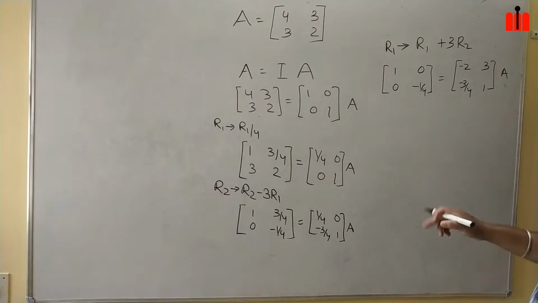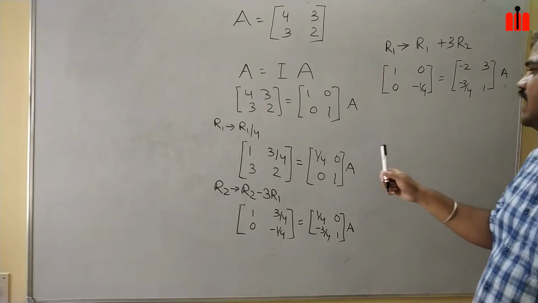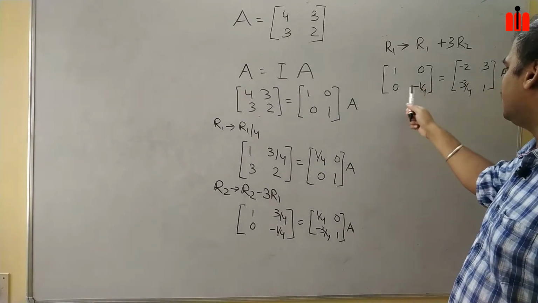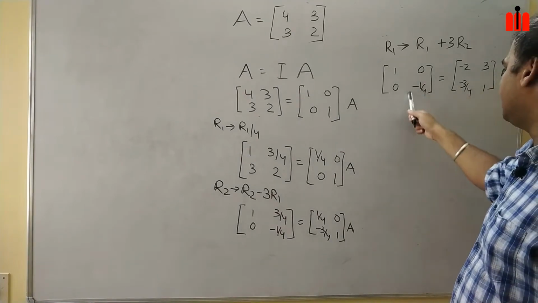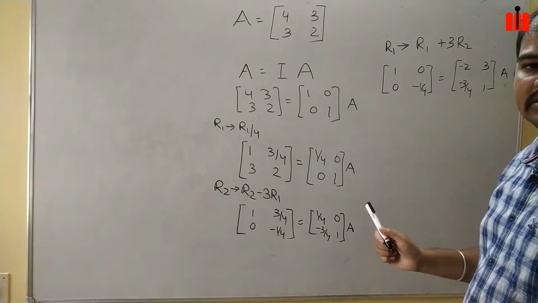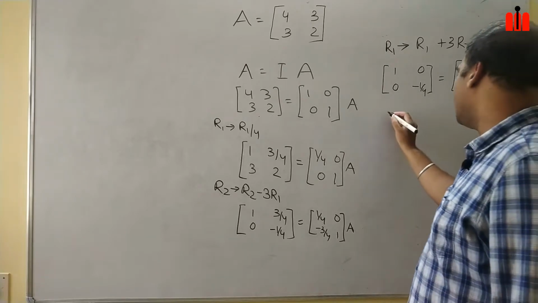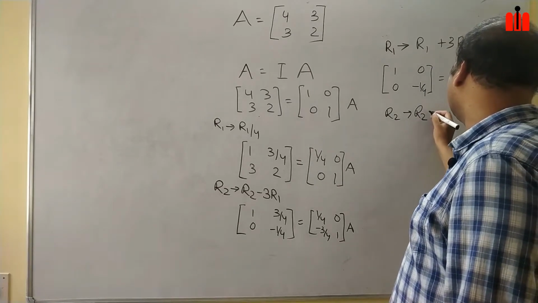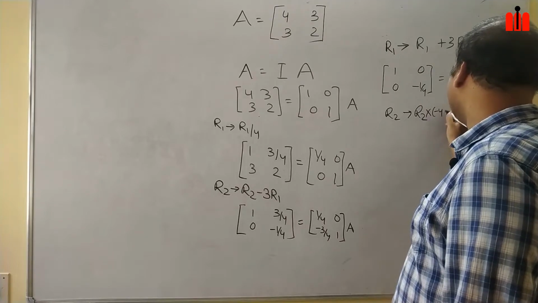Now in the identity matrix, we are having 1, 0, 0, 1. Here it is 1, 0, 0, and here it is minus 1 by 4. So we have to make it as 1. How will we make it 1? Multiply with minus 4. So R2 tends to R2 into minus 4.